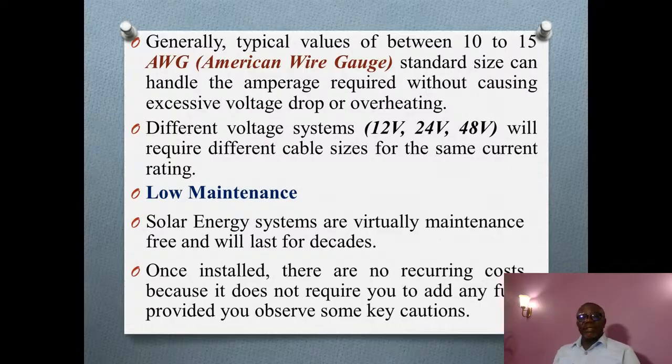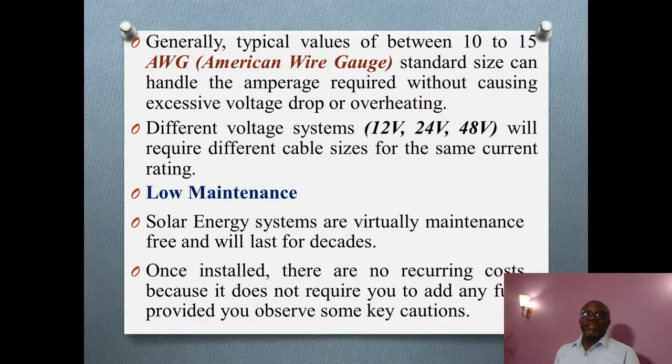So generally, typical values of between 10 to 15 American wire gauge standard size can handle the amperage required for any home without causing excessive voltage drop or overheating.